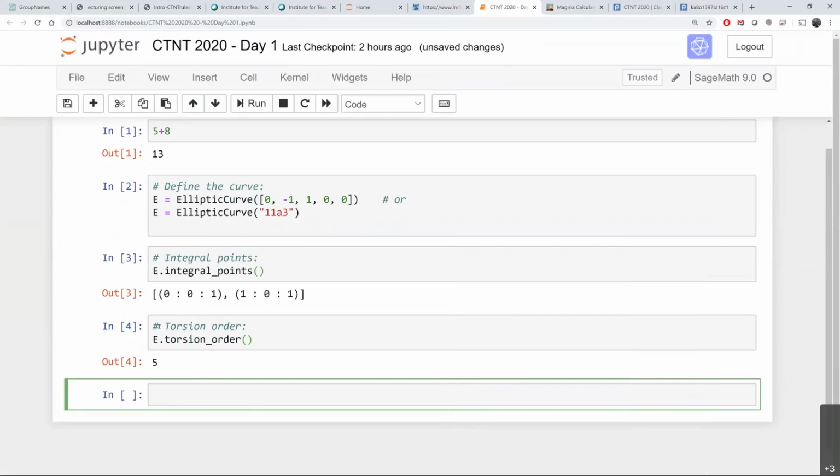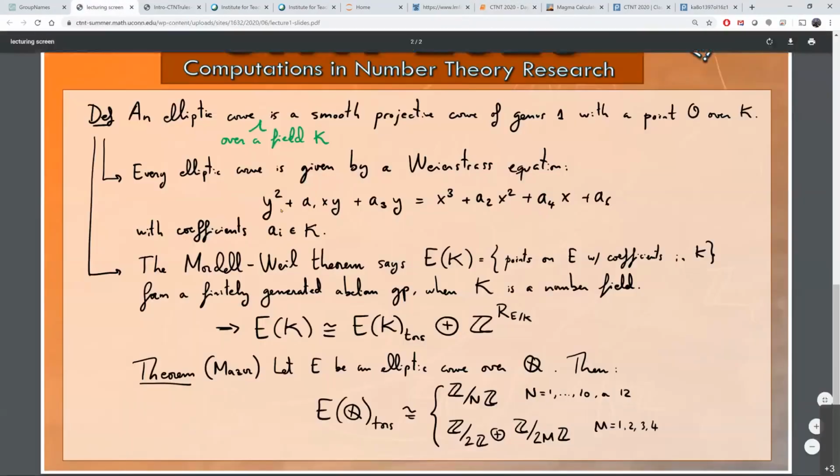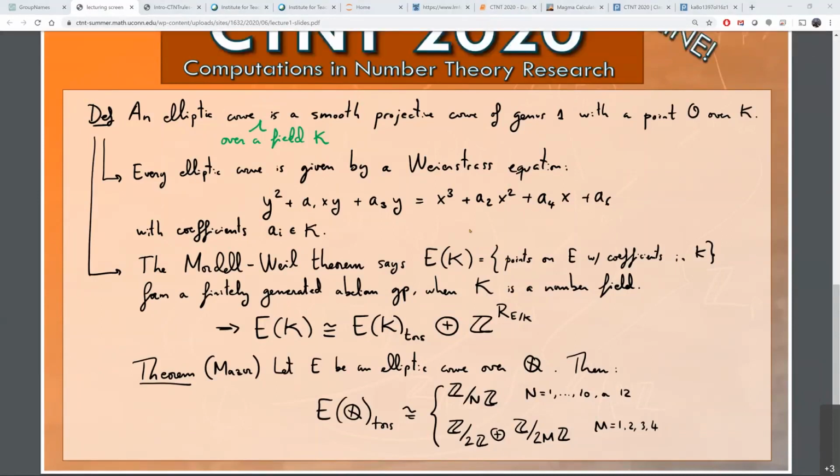All right, so let's see what the Mordell-Weil group is. If you have an elliptic curve, the Mordell-Weil theorem tells you that what's called the Mordell-Weil group, the set of all points on E with coefficients in K, that's the set of rational points on E, can be given the structure of a finitely generated abelian group.